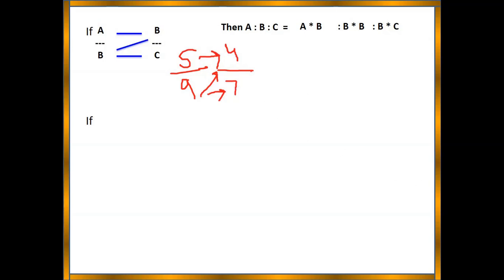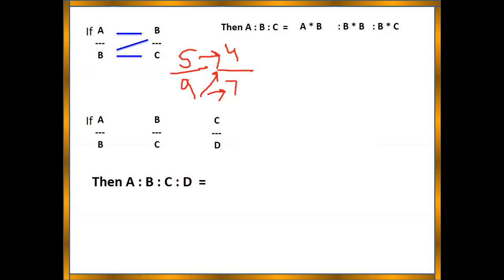If they give A by B, B by C, C by D, then you have to find the value of A is to B is to C is to D. To find the A value, multiply all the numerators.